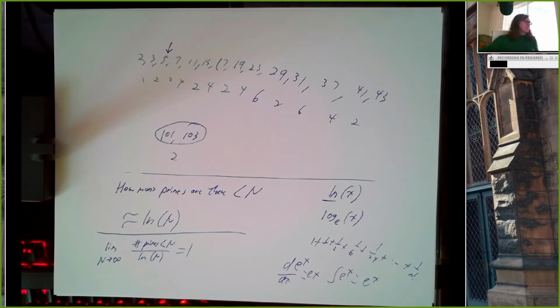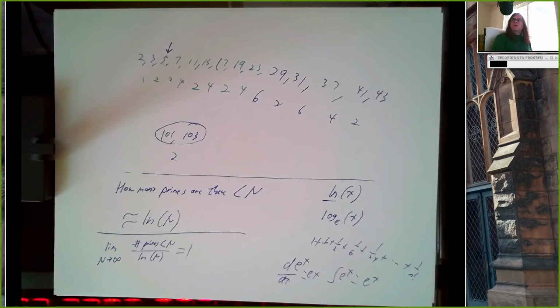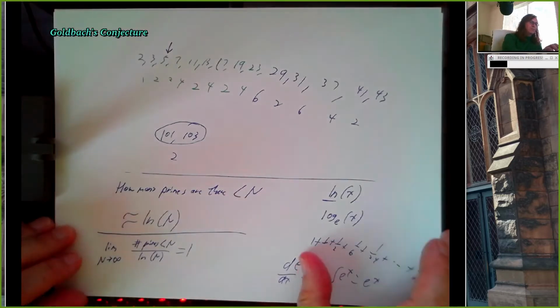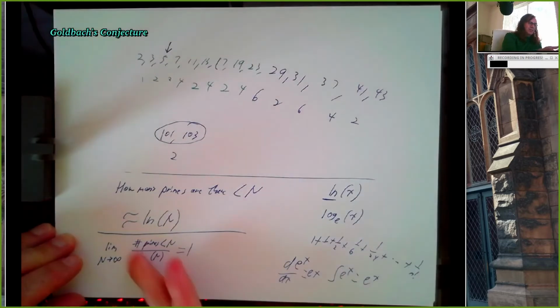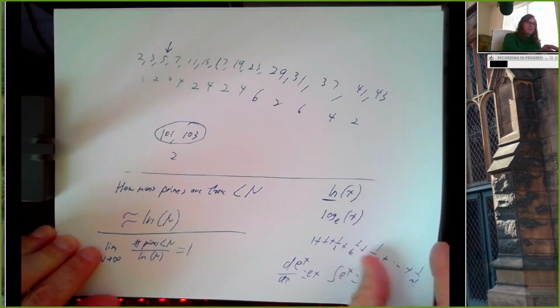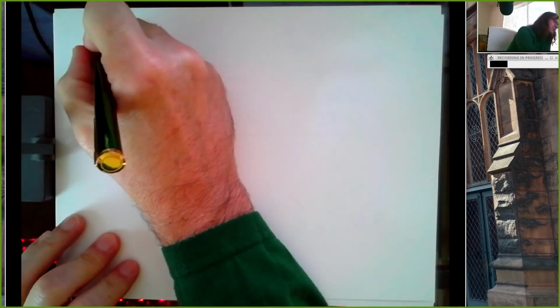Alright, let's talk about another interesting open problem. The prime number theorem we know has been proven. Here's a problem that's a lot simpler that has not been proven. This is called Goldbach's conjecture. Let me write this as a question.